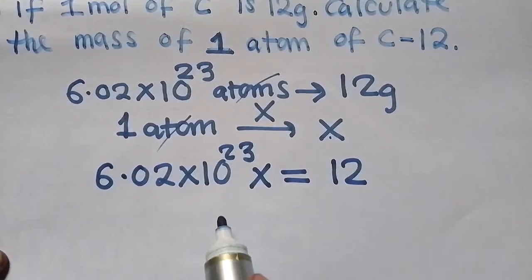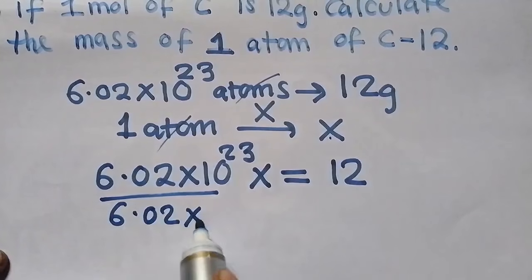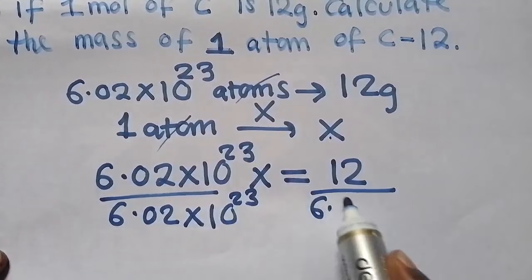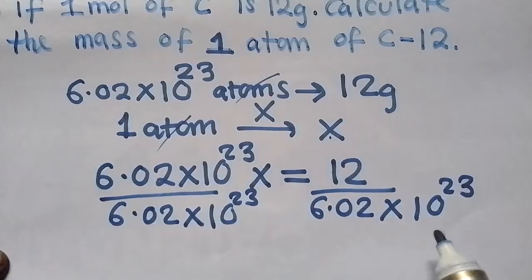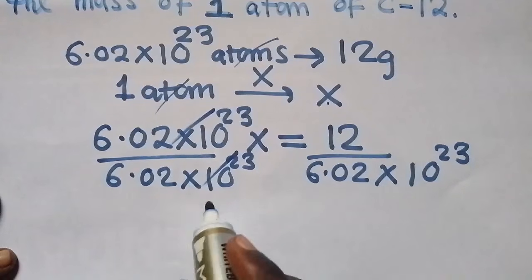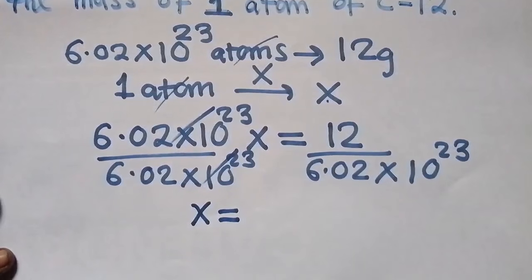You want to find X, so you divide both sides by 6.02 times 10 to the power 23. This cancels, and you are going to have X equal to 12 divided by 6.02 times 10 to the power 23.